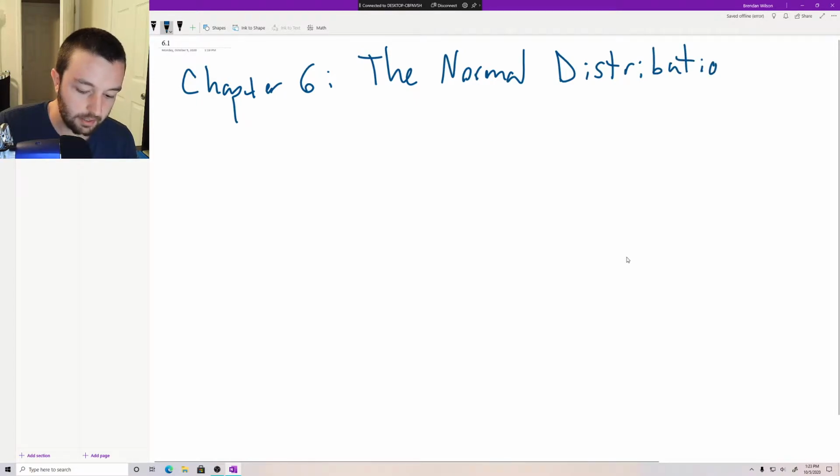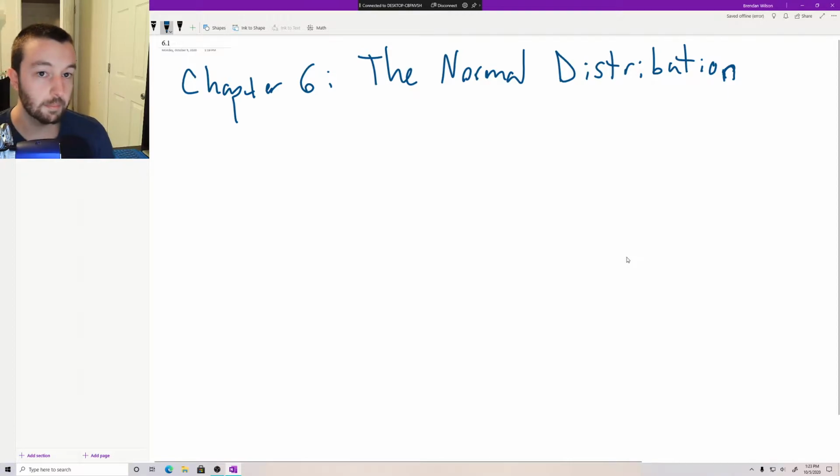So this is the singular most important type of probability distribution because, well, for one thing, it comes up a lot. A lot of real world data is normally distributed, for example, human heights, human IQ, a lot of common things.